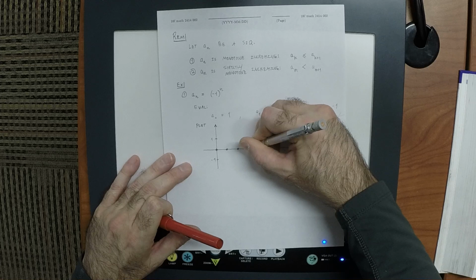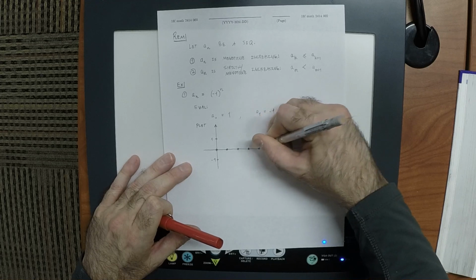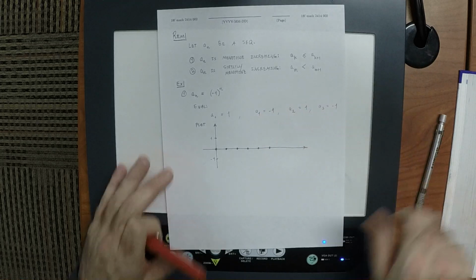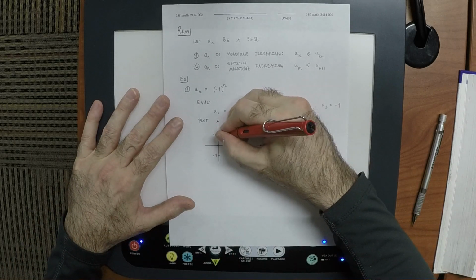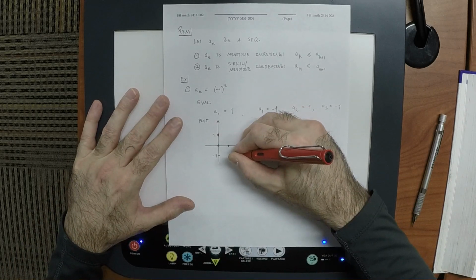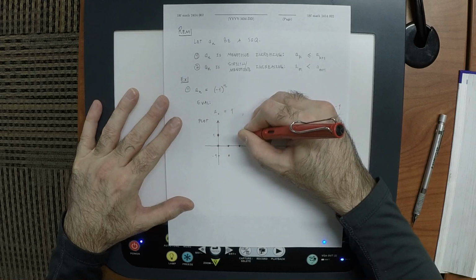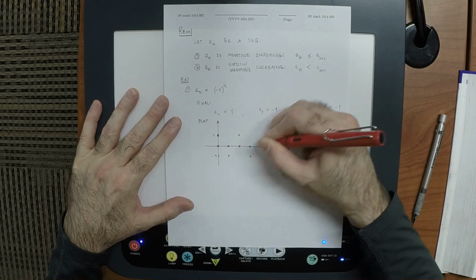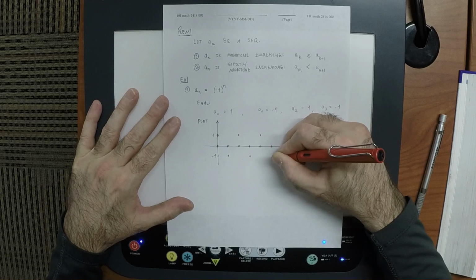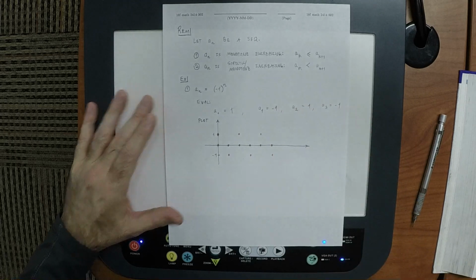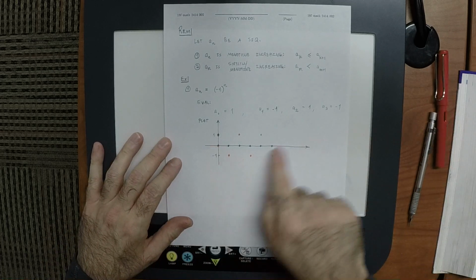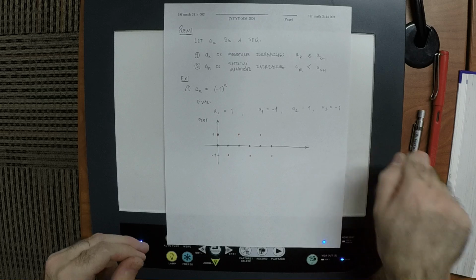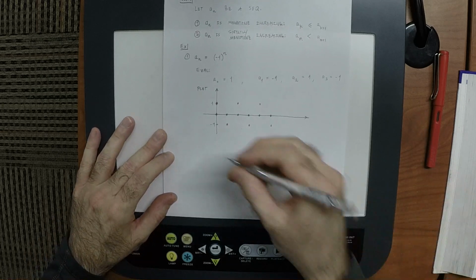These are not the values. Rather, these are the only places where it's defined. Okay, and then in red I'll plot the sequence. It is 1, and then -1, and then 1, and then -1, and then 1, and then -1, etc. Right? So that's what it does. Just keeps going. But notably, it's discrete points. It's not a curve.